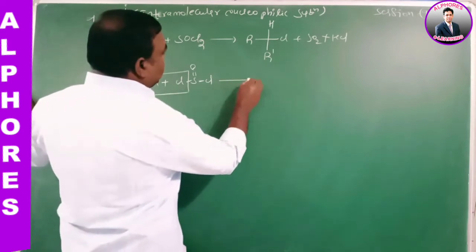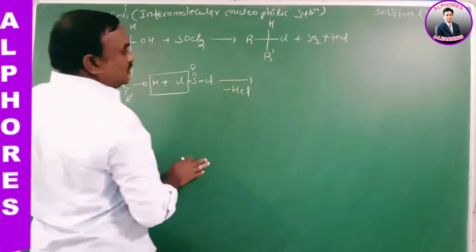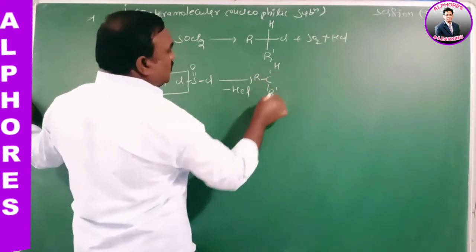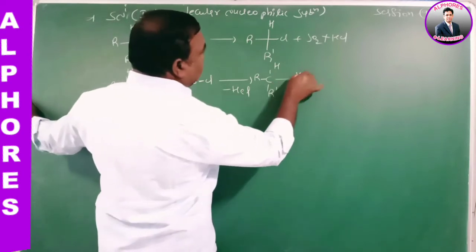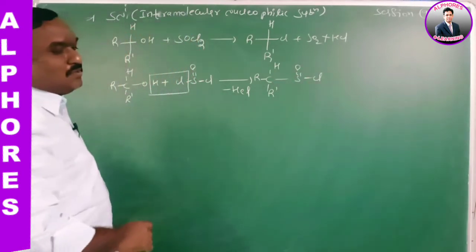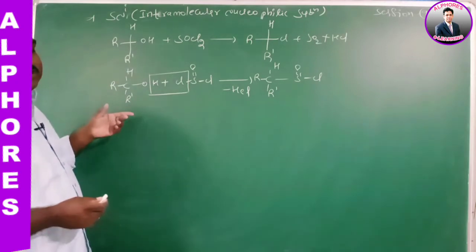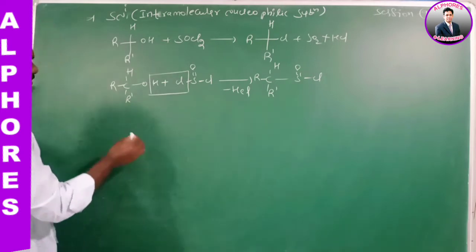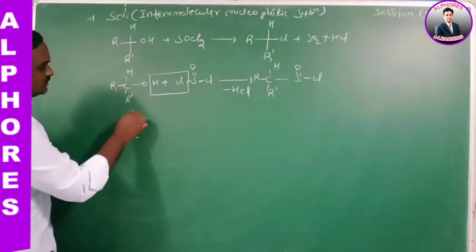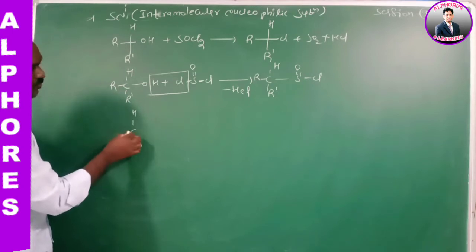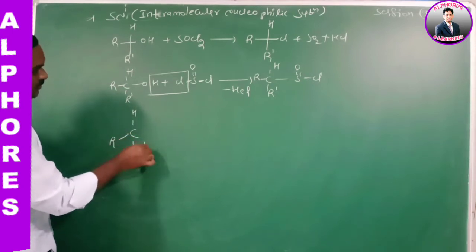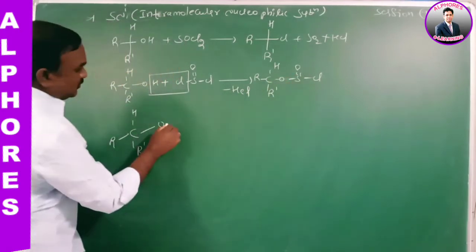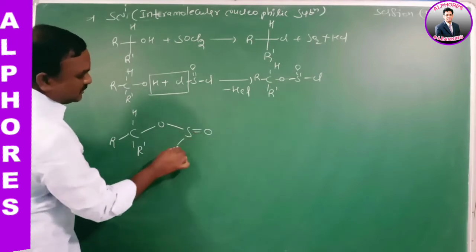It forms a compound with two R groups and S double bond O Cl, a sulfito compound, chlorosulfite.